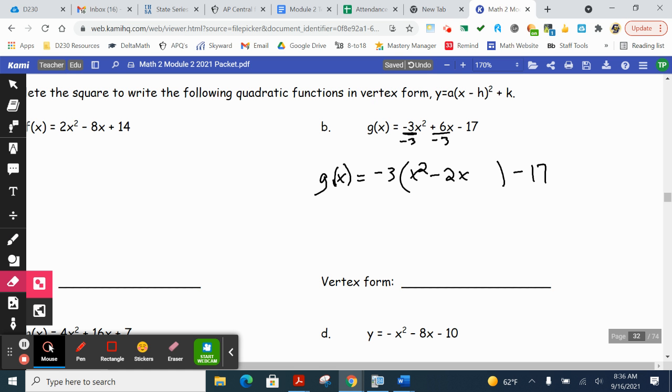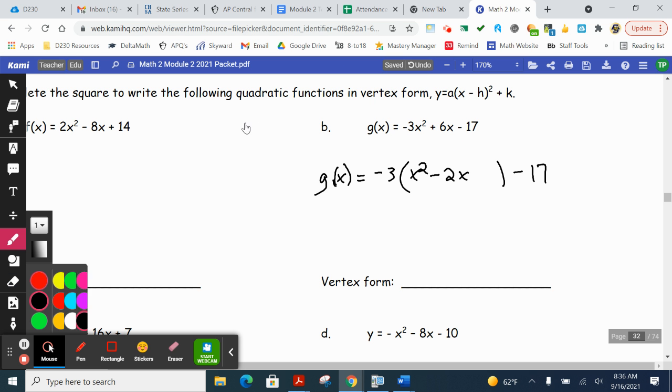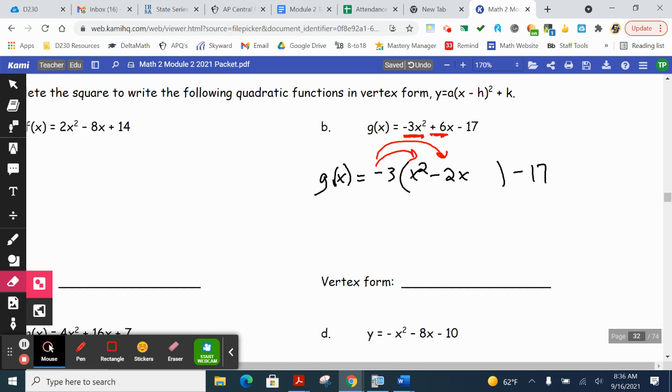Just like every problem we've done so far, if I redistribute, so if I take this negative 3 and distribute, we're not going to actually do it. But do we agree negative 3 times x squared gives us this guy? And then the negative 3 times a negative 2 would give us this guy. And then we still got the negative 17 that's off doing his own thing. So we haven't changed the problem at all. We just wrote it a little bit differently.